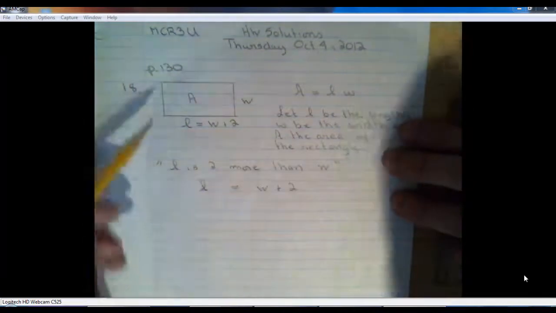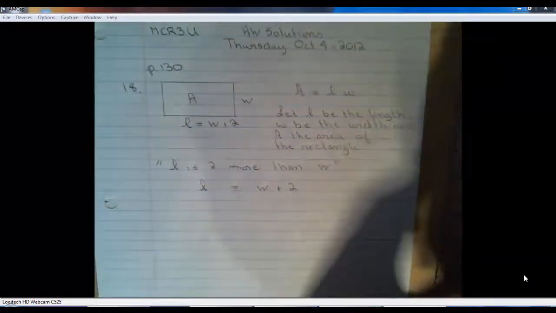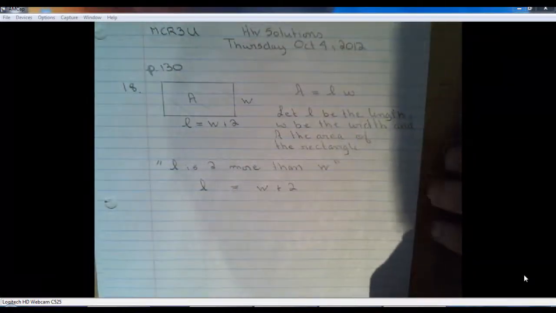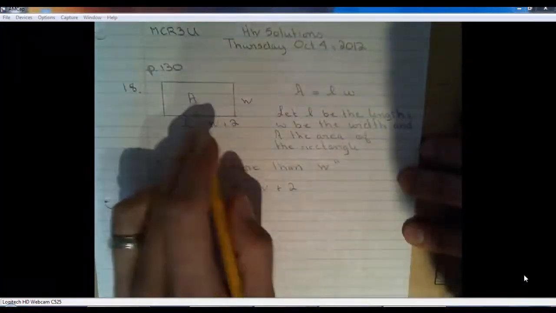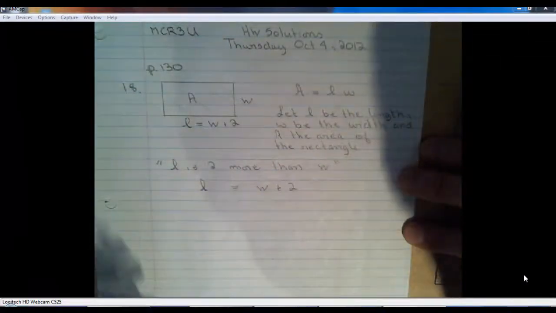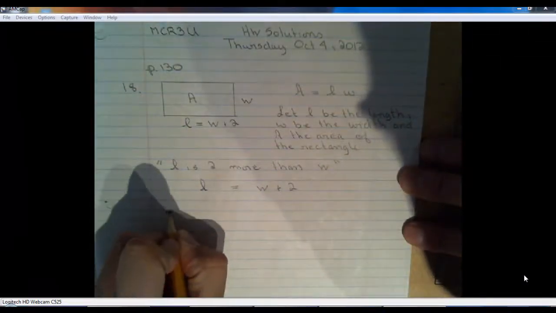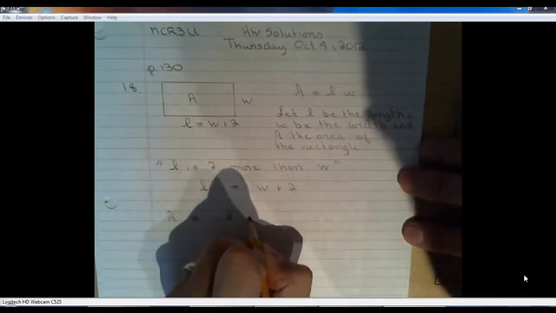We do this because when we make our quadratic, we're only going to make it with 1 variable. Remember, a quadratic is usually y equals x squared and some other stuff in x. Here we're going to make a quadratic in terms of area, using only 1 variable. So it'll now look like this. The area is equal to length times width.